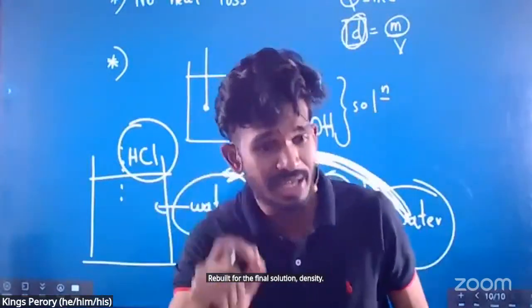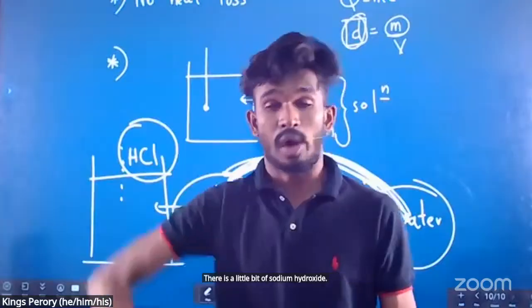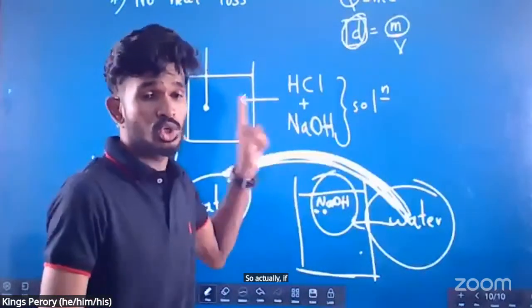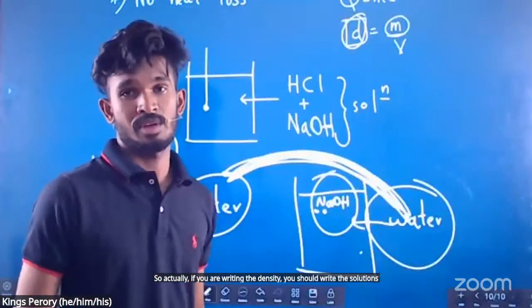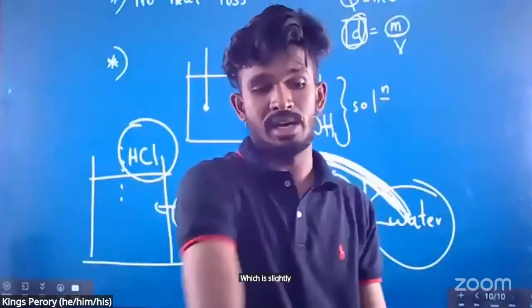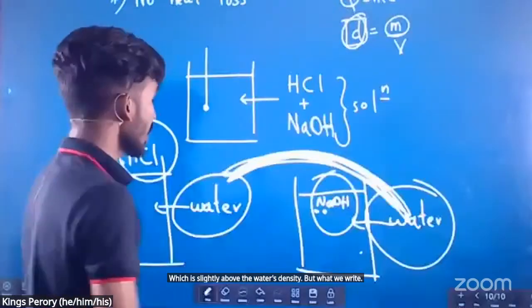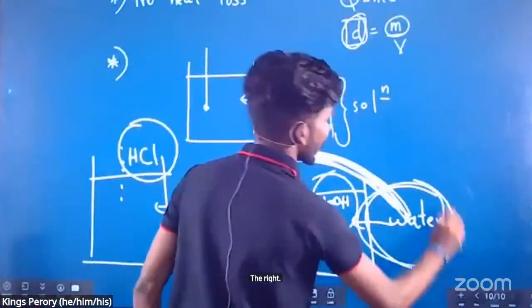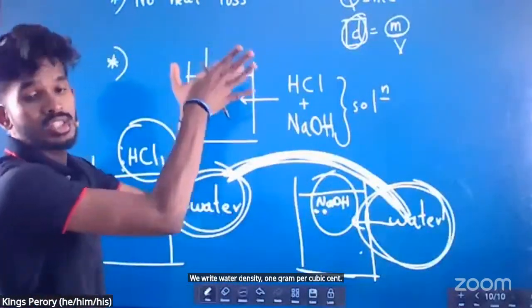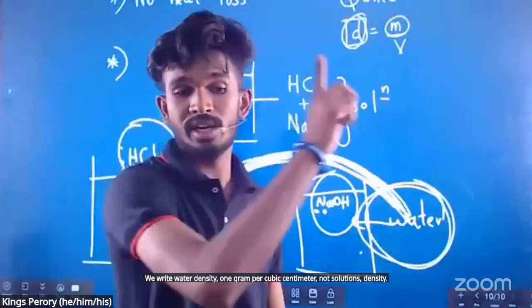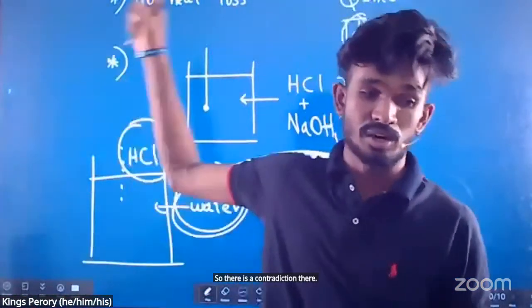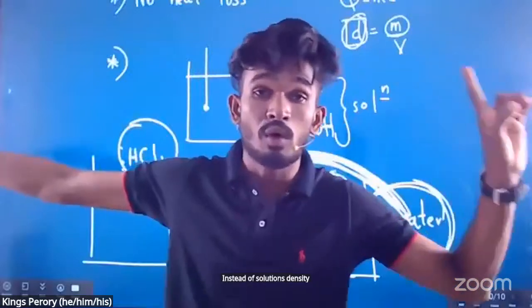There will be a slight influence. So actually, if you are writing the density, you should write the solution's density, which is slightly above water's density. But what we write is water's density, 1 gram per cubic centimeter, not the solution's density. So there is a contradiction there. Instead of the solution's density, we write water's density.